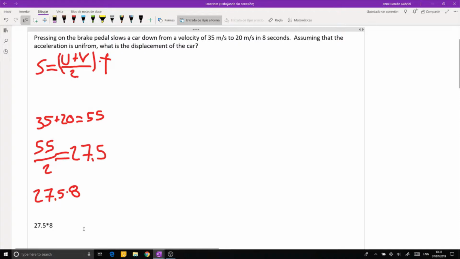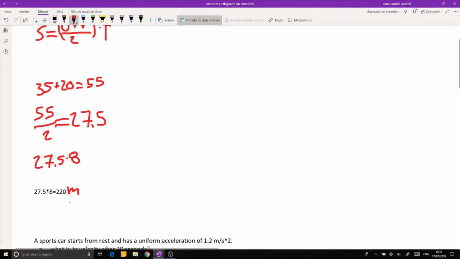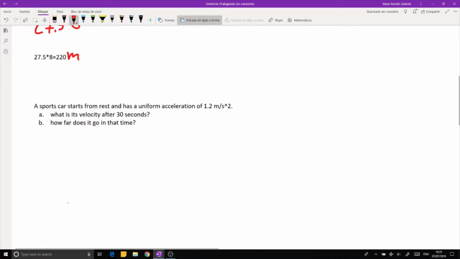And we get 220. So 220, that would be our displacement in meters. So let's change this to our marker. Meters. And that would be it for this one.